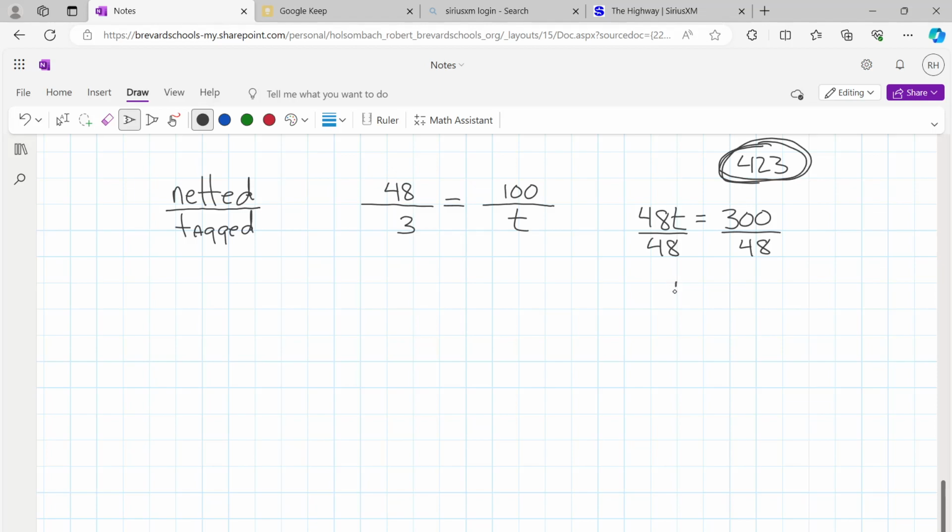So our T here is equal to 6.25. And you're asked to predict the number of butterflies, so we can say about 6. About 6 out of 100 netted will have tags on there.